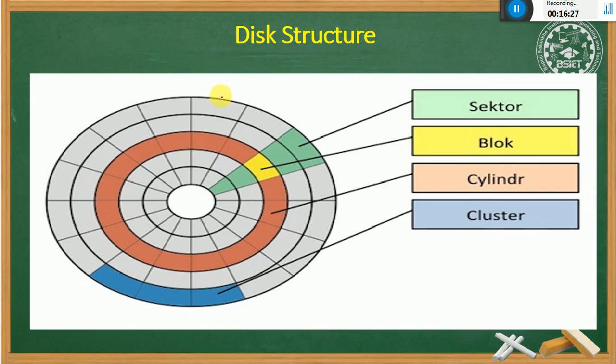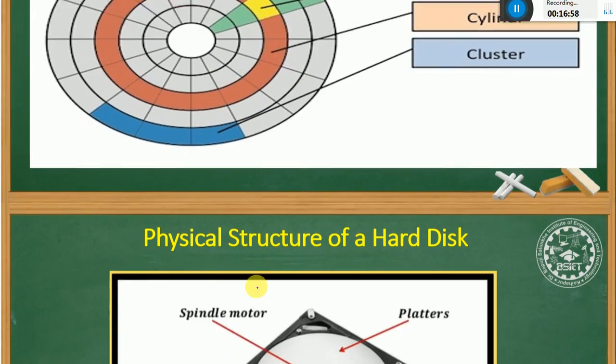A single part of the disk is called a sector, and a circular area covered by the sectors is known as a track. A cylinder is a collection of sectors of different tracks. So these are the three units of your disk structure in logical form.